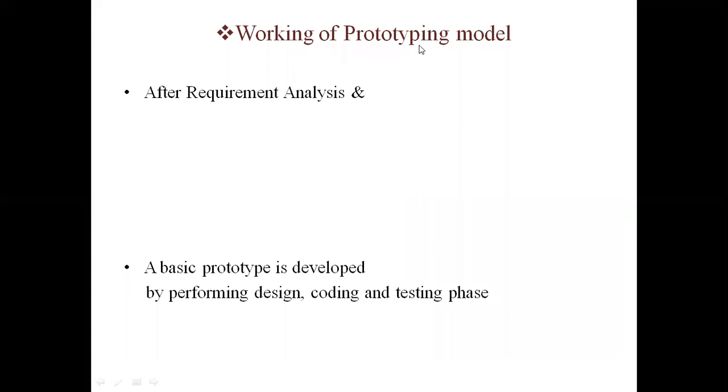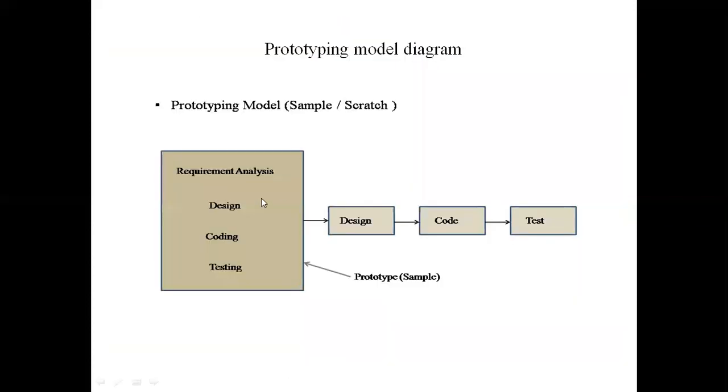Let us see the working of the prototyping model. If you see the diagram, we are going to perform initially requirement analysis, design, coding, and testing. After performing these phases, our prototype build is going to get completed. After this, there is going to be an interface with the customer.